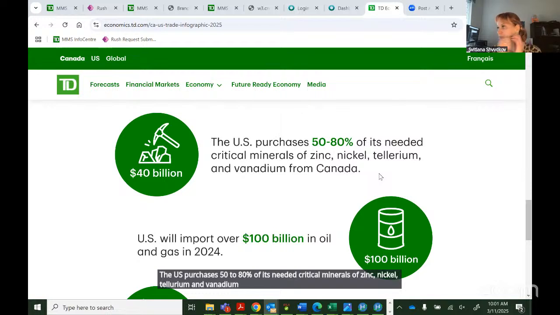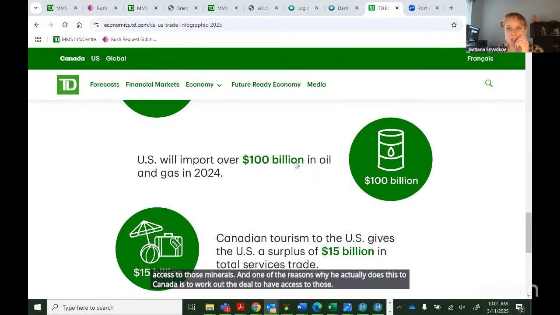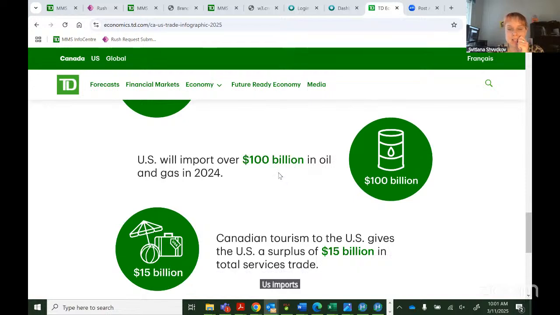So basically, as we probably saw from the news about Ukraine and the rare mineral deal, Trump wants to have access to those minerals. And one of the reasons he does this to Canada is to work out a deal to have access to those.